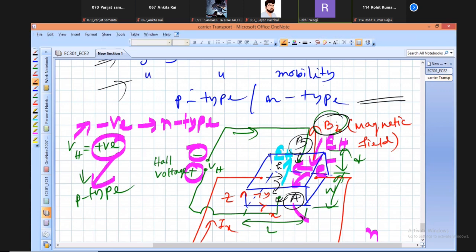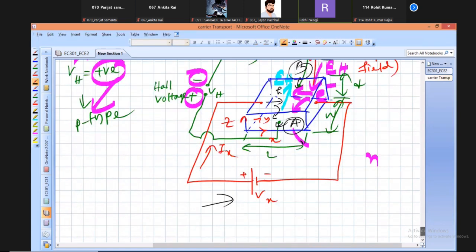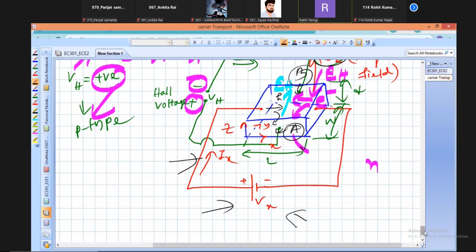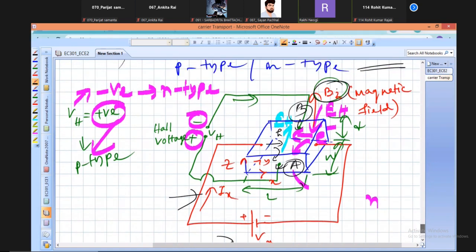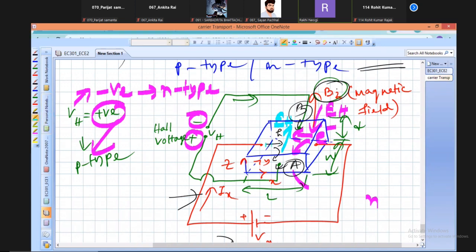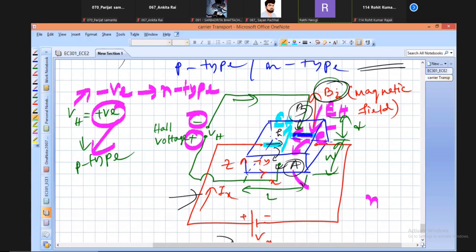So whenever the semiconductor is electrically connected to this supply, current flows here, and current means particles moving here, holes moving towards the right, and electrons moving in the opposite direction.